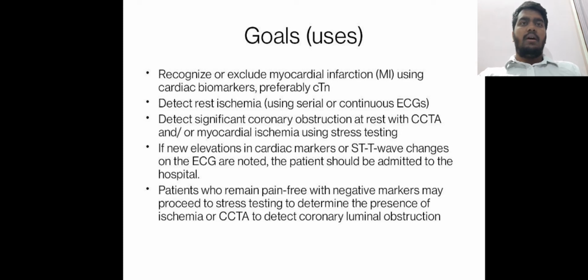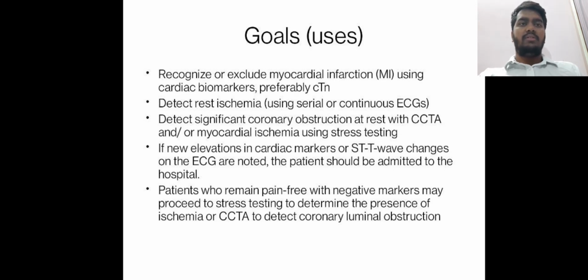diagnosis are to recognize or exclude myocardial infarction using cardiac biomarkers, preferably cTn; to detect rest ischemia, for which serial or continuous ECGs should be used; and to detect significant coronary obstruction at rest with CCTA and/or myocardial ischemia using stress testing.